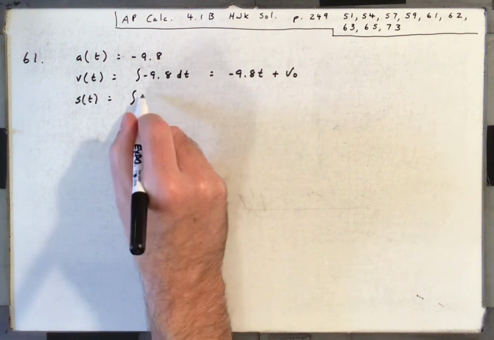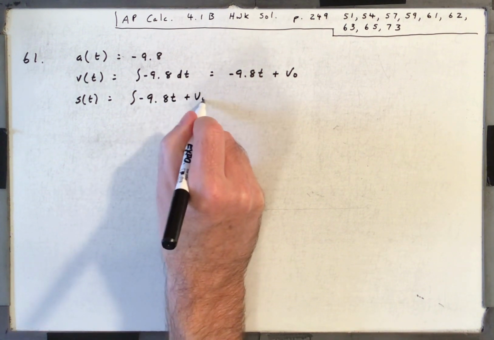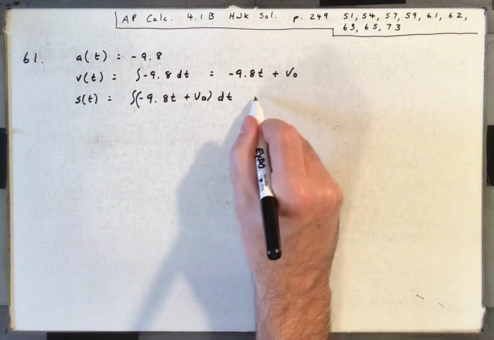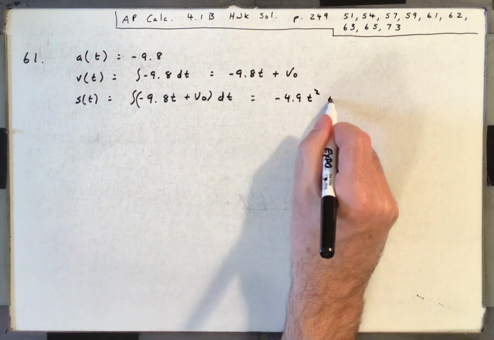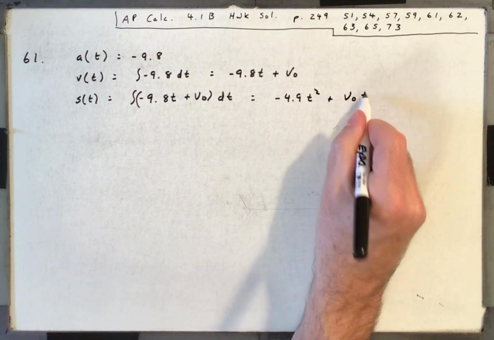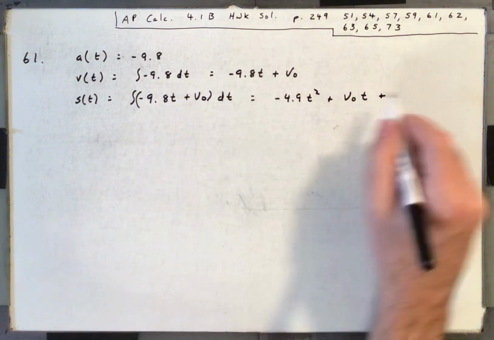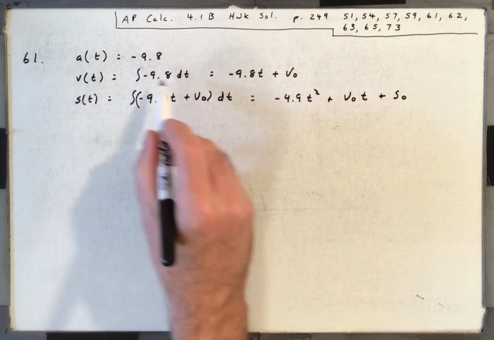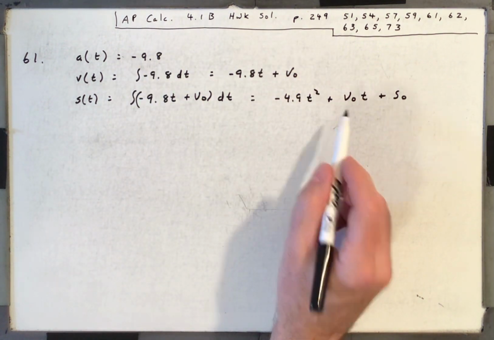And then s of t, we would integrate minus 9.8t plus v naught dt. The dt is important. So that's minus 4.9 t squared plus v naught t plus our c, which is s naught. Okay, so those are the steps. We're going to use these in the next couple of problems.